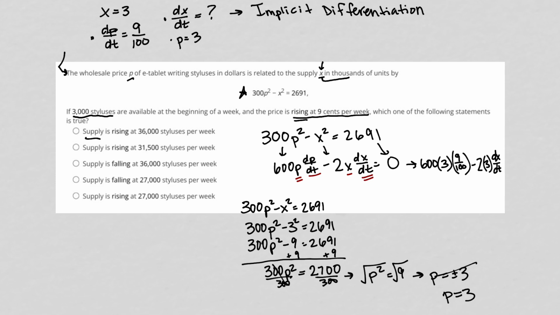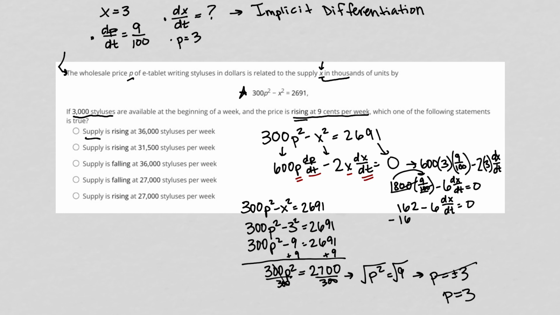If I simplify further, 600 times 3 is 1800 times 9 over 100, minus 2 times 3 is 6, dx dt equals 0. Simplifying here, the zeros and the 100 will go away. 18 times 9, go to my calculator, is 162. So again, 1800 divided by 100 is 18. So I'm just multiplying 18 times 9, which is 162, minus 6 dx dt equals 0.